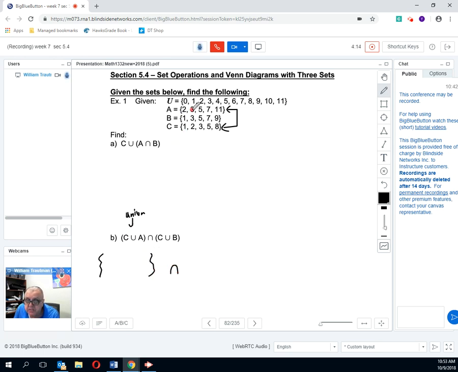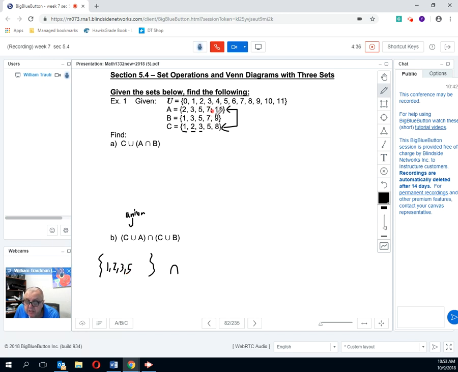A marriage of C and A. Look at C and A and just write down all the numbers that we have. We have 1, 2, 3. Up in A, we have 2 and 3. There's no 4, but in A and C we have a 5.